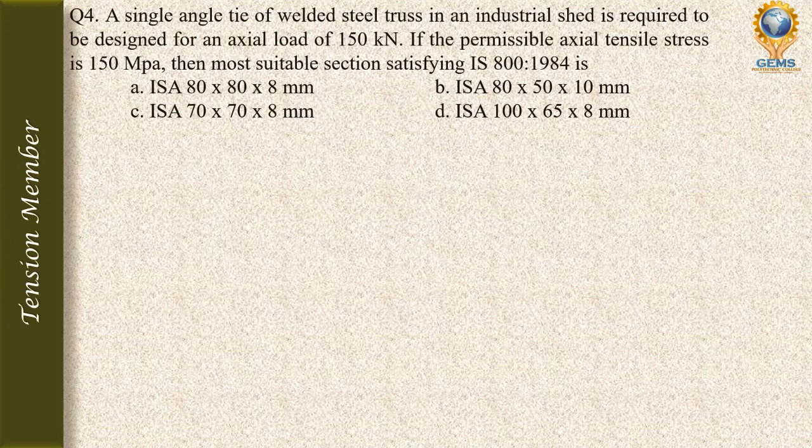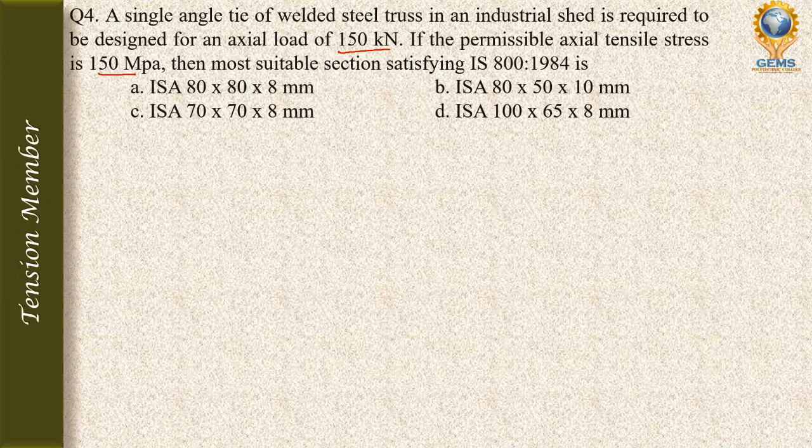Fourth question. A single angle tie of a welded steel truss in an industrial shed is required to be designed for an axial load of 150 kilonewton. If the permissible axial tensile stress is 150 megapascal, then the most suitable section satisfying IS 800 1984 is: option A, ISA 80 by 80 by 8 mm; option B, ISA 80 by 50 by 10 mm; option C, ISA 70 by 70 by 8 mm; option D, ISA 100 by 65 by 8 mm.